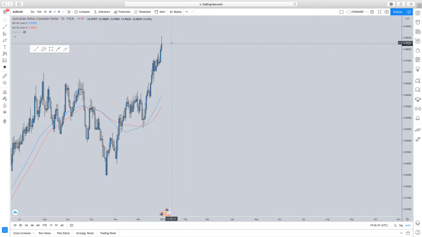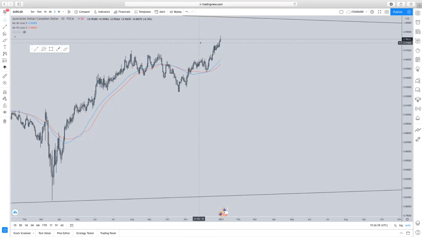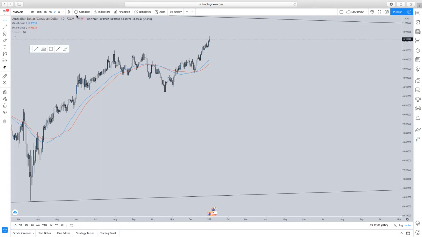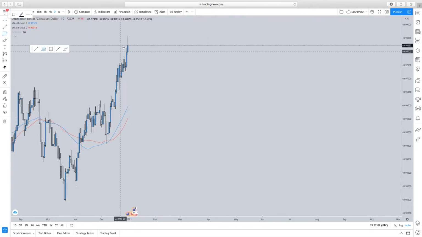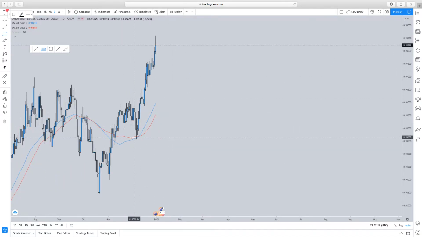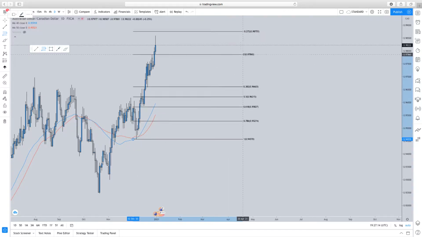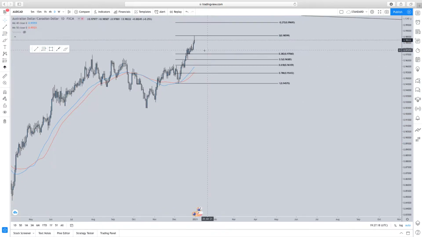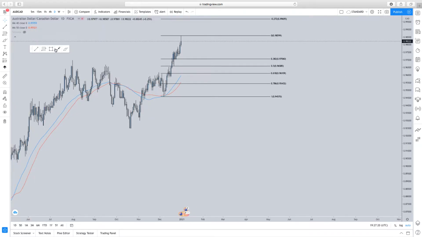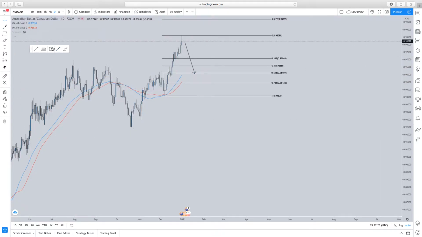Looking at this daily candle, it really depends on how the market reopens at 10, but I would see a retracement before this happens. If that's the high, I'll be looking for AUD CAD to fall down to here, which is a lovely support level.